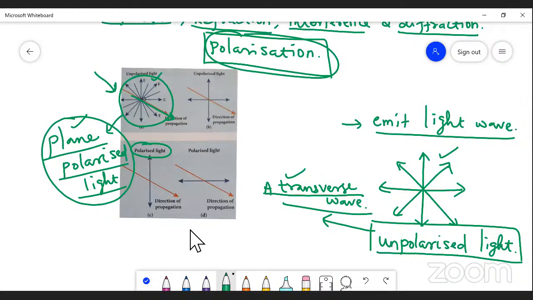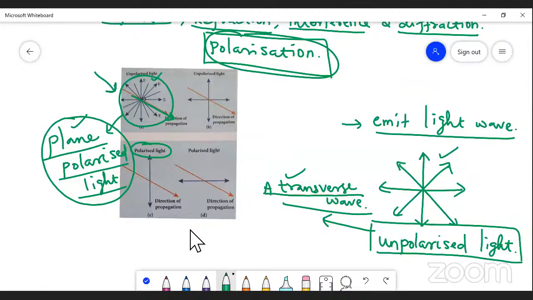But unpolarized light can be obtained from all the common sources of light. And one more thing, the unpolarized light is always symmetrical about the ray direction. It means the unpolarized light can be split about a ray direction equally.